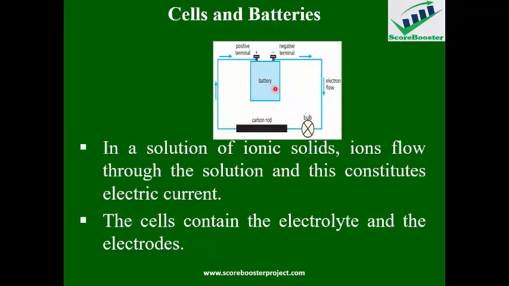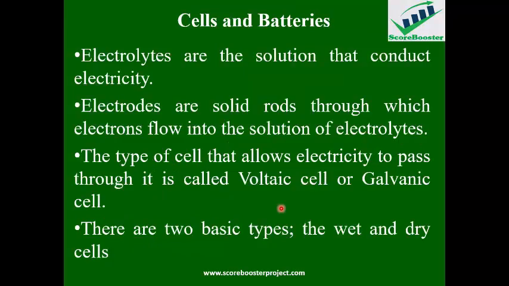Instead of this battery, we can put a solution of ionic solid here. The solution of ionic solid will now serve as the source of movement of ions. So the bulb will light up. That cell contains what is called electrolyte and the electrode. Those metals that were dipped inside the solution are called electrodes, and through those metals, electrons are able to pass.